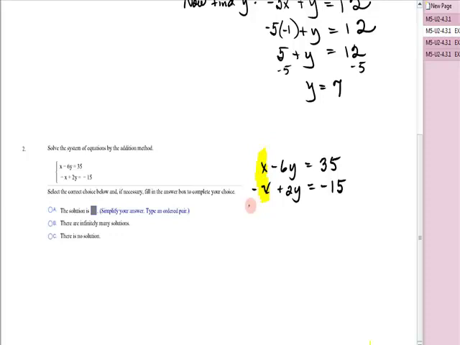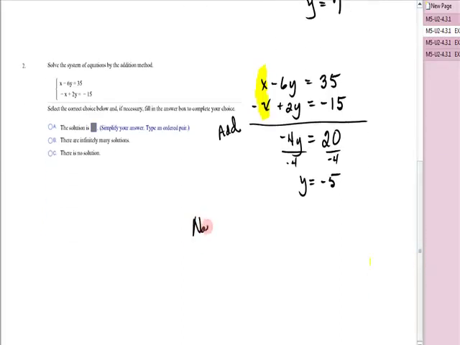So the answer is yes, it's ready. Go ahead and add. The x's cancel out. I have negative 6 and positive 2 for negative 4y is equal to, that's going to be 20. Divide by negative 4, and y is negative 5.